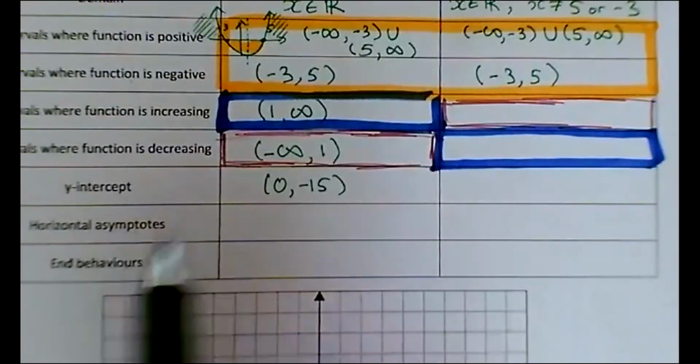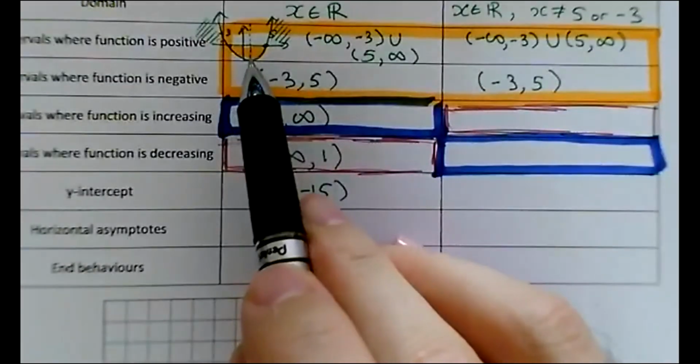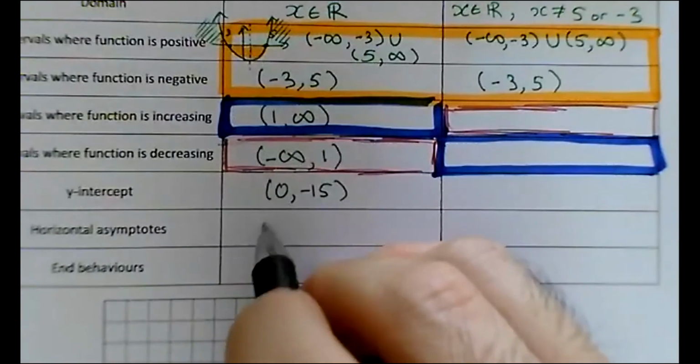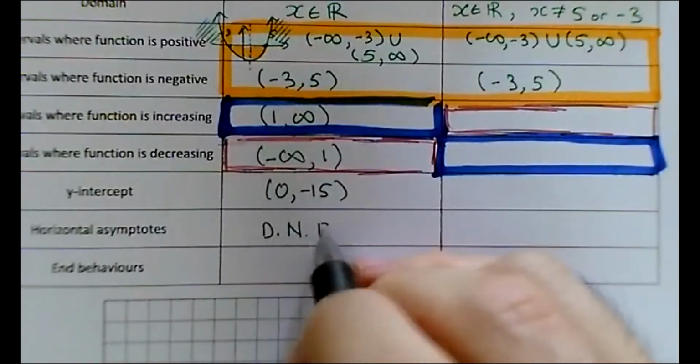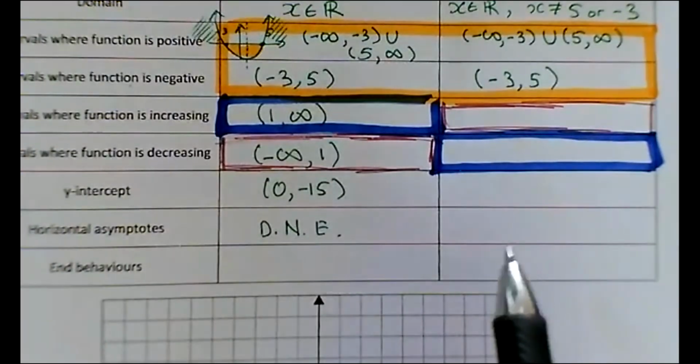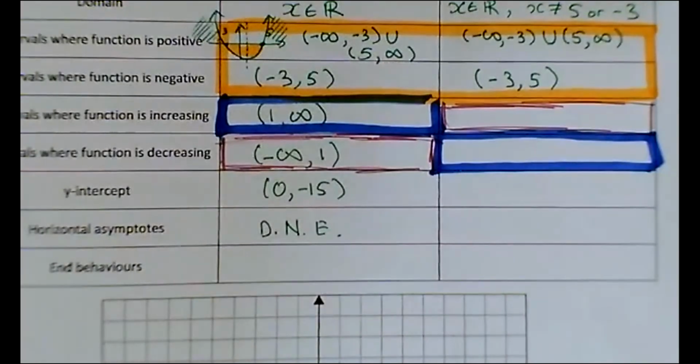Horizontal asymptote. Does a parabola have a horizontal asymptote? No, right? And behavior? Well, it's a little hard to say. It just goes to infinity, and then on the negative side, it goes to infinity, right?